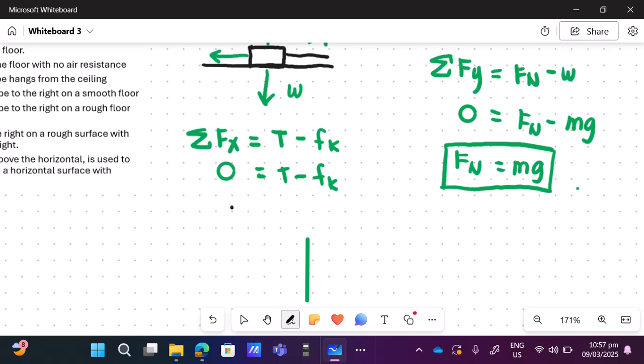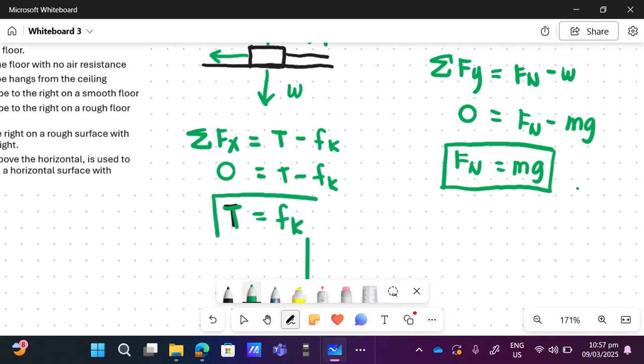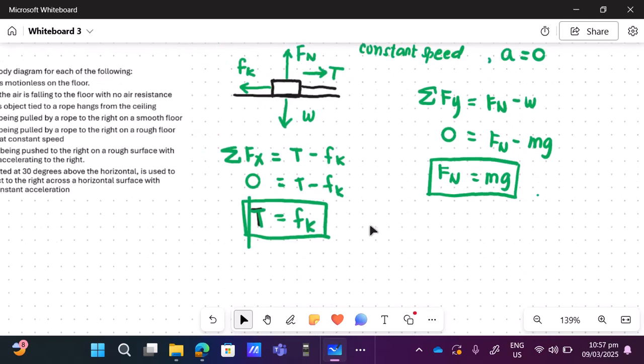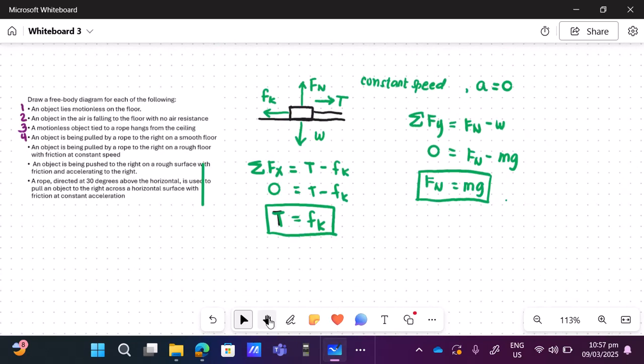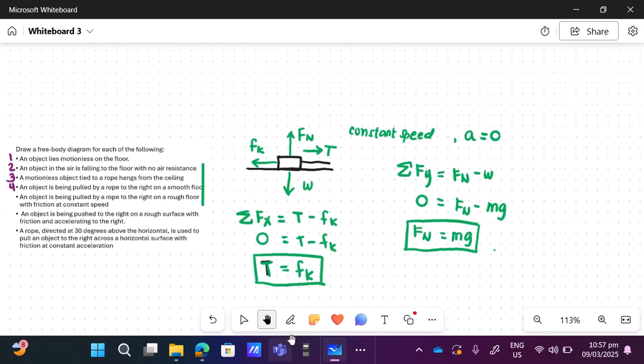So we have here T is equal to the force due to kinetic friction. Okay, so this is for number 5.